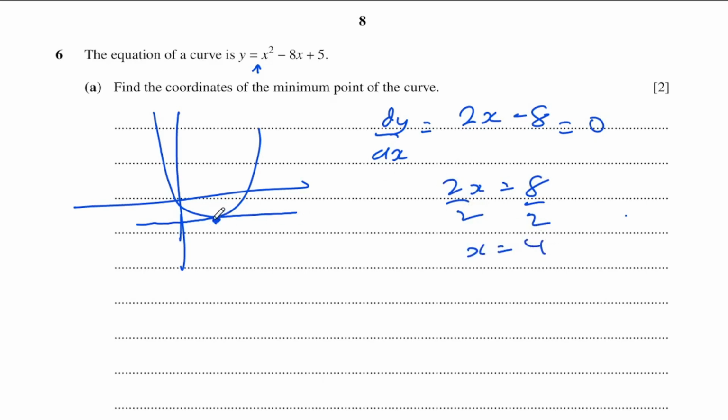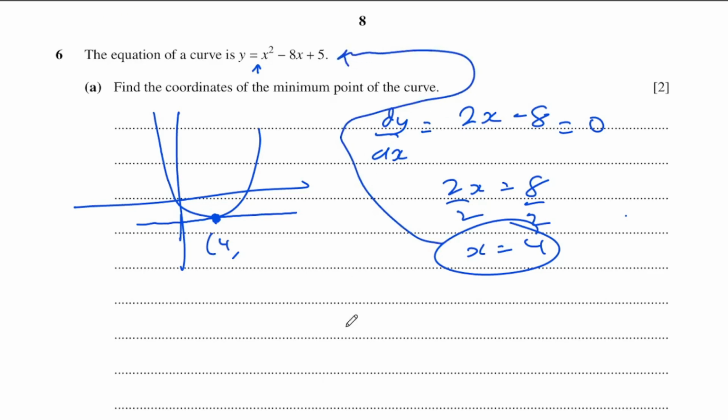So we know the coordinate of x is 4, we just need to find y now. How do we find the coordinate of y? We just plug this 4 into this formula, and we end up getting 4 squared minus 8 times 4 plus 5. This is just 16 minus 32 plus 5, which is just negative 11. And so the coordinates here are going to be 4 and negative 11.